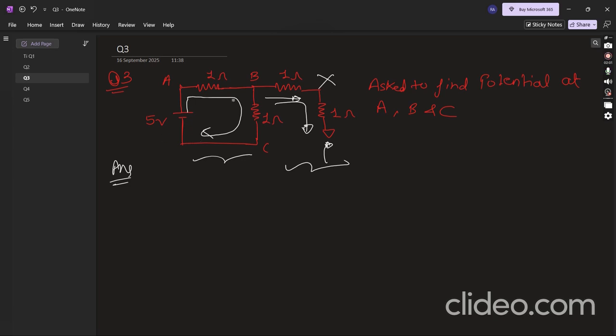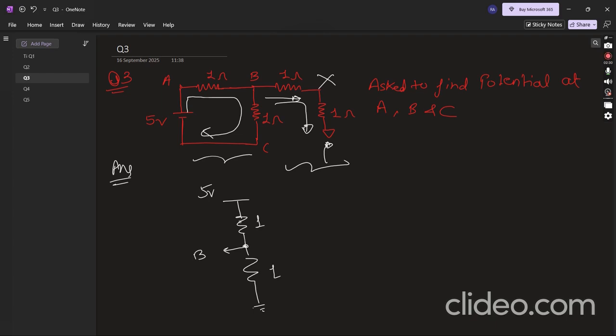Okay, so it's like a voltage divider. This is a resistor. This is also a resistor. This is the lowest potential, this is the highest potential, 5 volt. This is 1 ohm, and we have to find the voltage at this node.